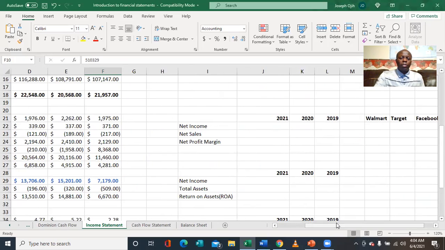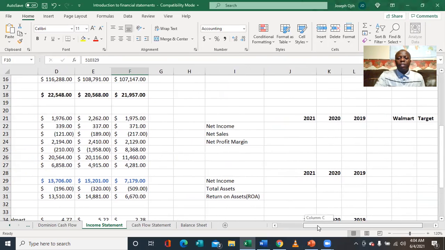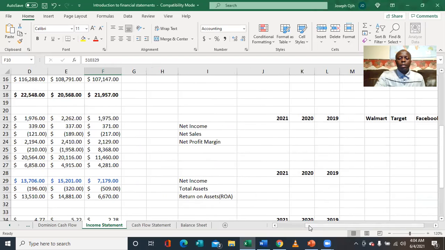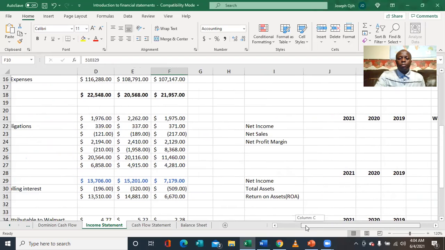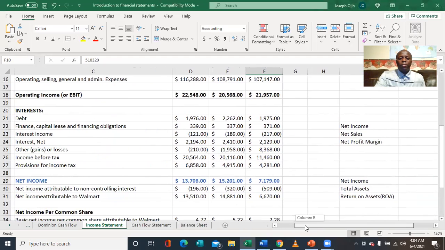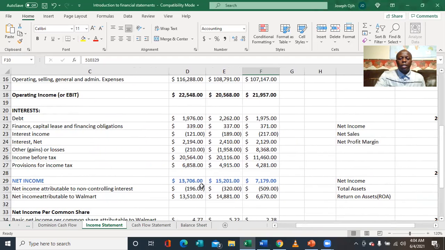We're going to calculate the net profit margin for Walmart for the years 2021, 2020, and 2019, because we have the data here. For Walmart, we have the net income.